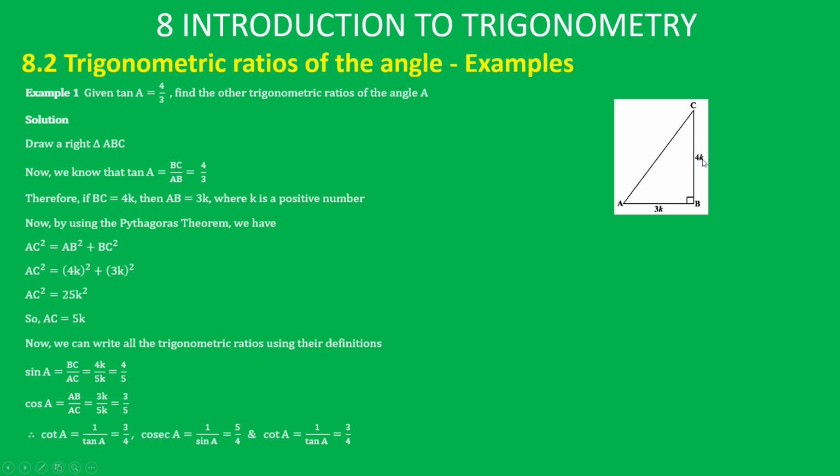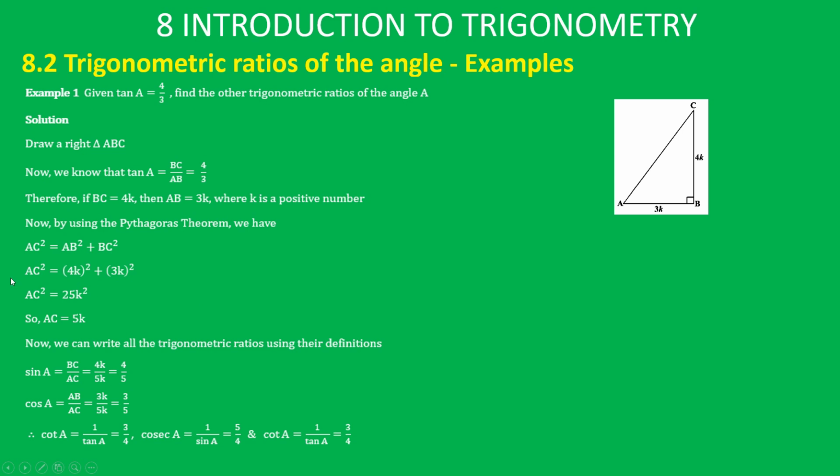If you put 1, it will become 4 and 3. If you put K is equal to 2, this becomes 8 and 6. And what is the ratio? 8 by 6 is nothing but 4:3. So we are maintaining the given ratio. Correct? We are not changing anything in the trigonometric ratio with this assumption.